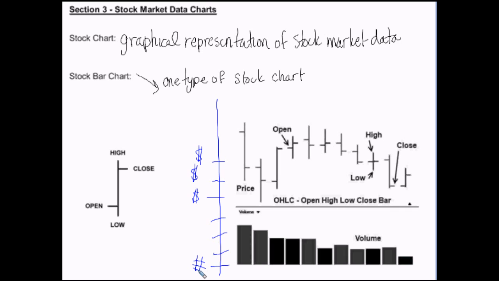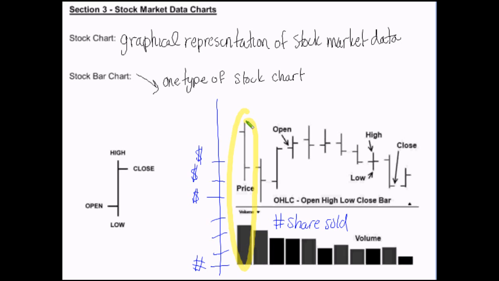This tells you how many shares were sold or traded that day. So if I look, this is one day, right here. From this chart, I can see here was the high, here was the low, and this is how many were traded.